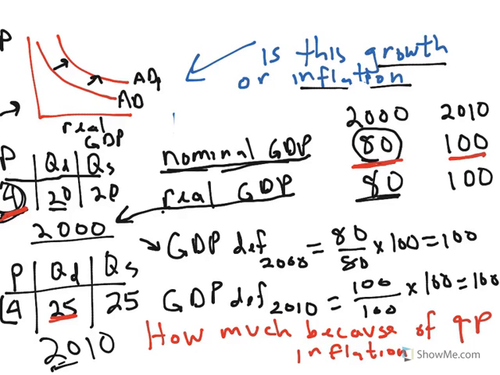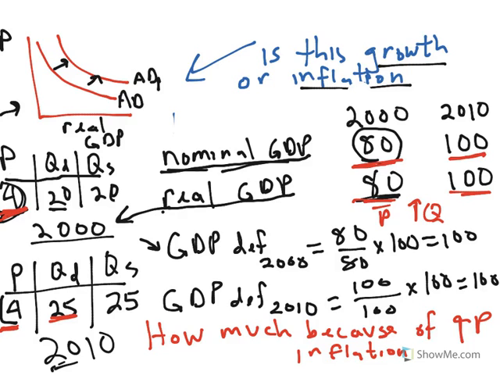Okay, so here we can see that the price didn't change between 2000 and 2010. So the real GDP didn't change. So that means that between 2000 and 2010, there was growth, 80 to 100, and 100% of that was due to changes in quantity. The quantity has gone up. Price remains fixed.